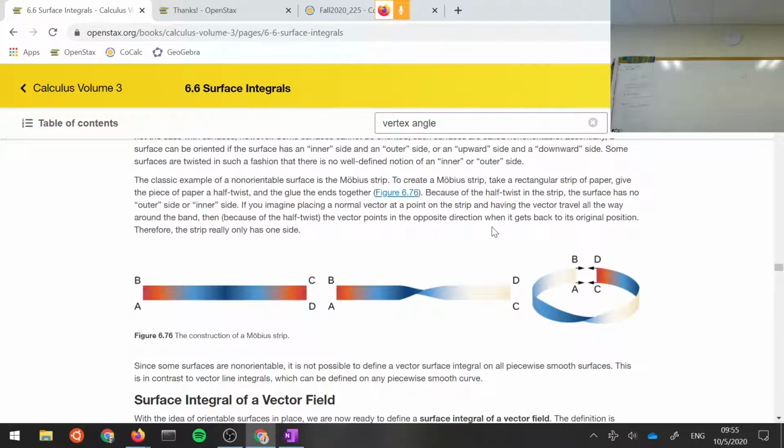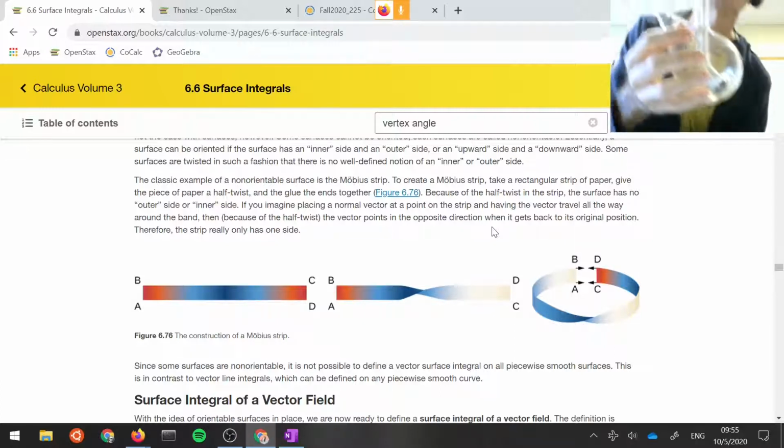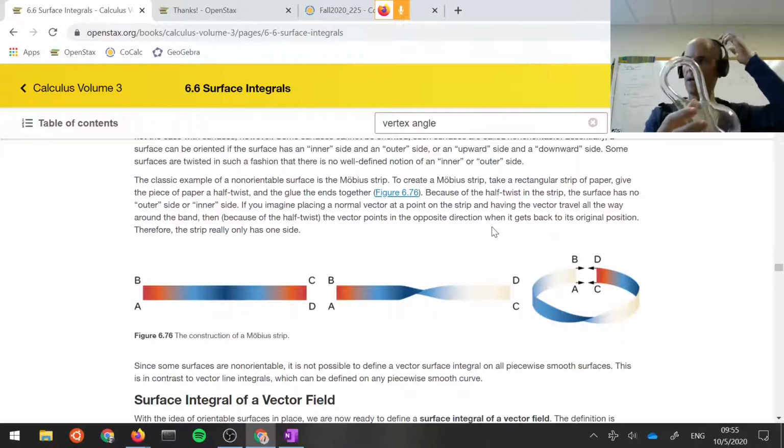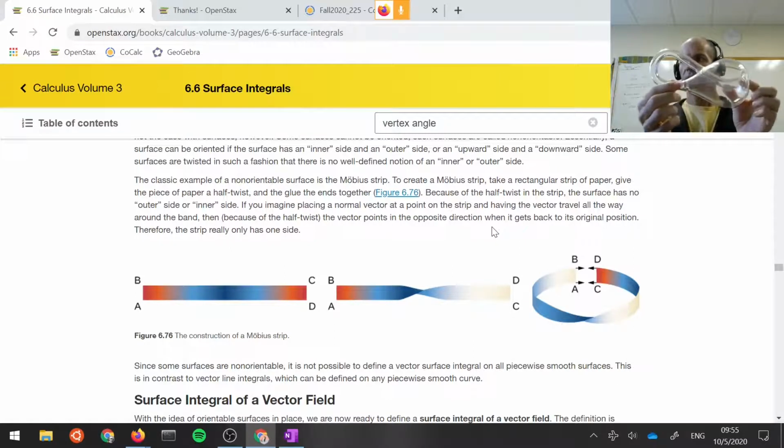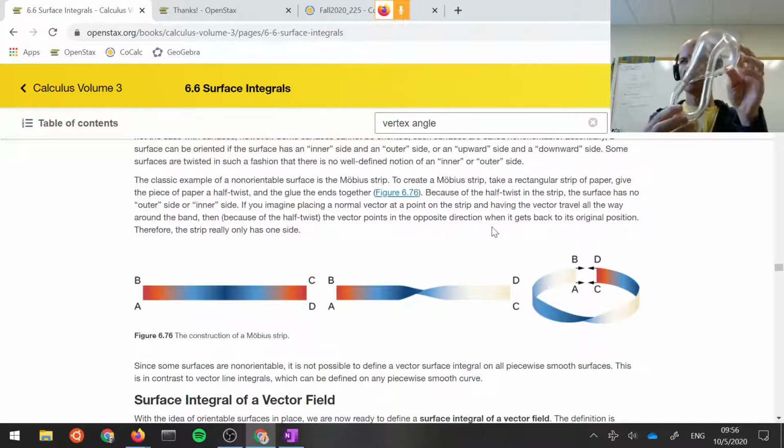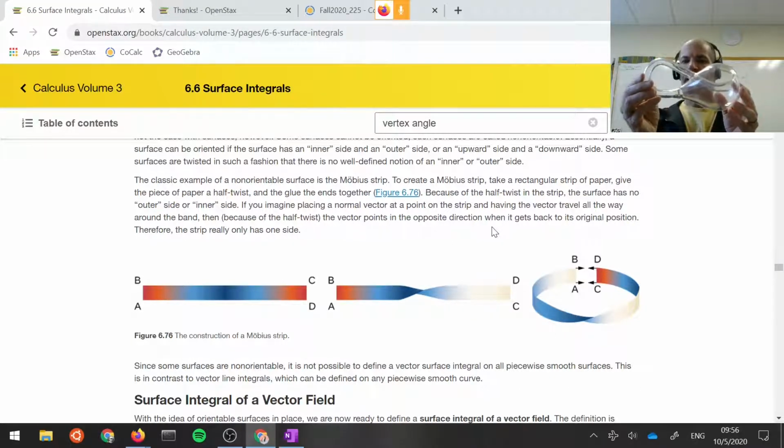I'm getting my Klein bottle, which some students gave me several years ago. This is a more complicated non-orientable surface. You can read about it on the web. Klein bottle, K-L-E-I-N bottle, and this is also a two-dimensional non-orientable surface.